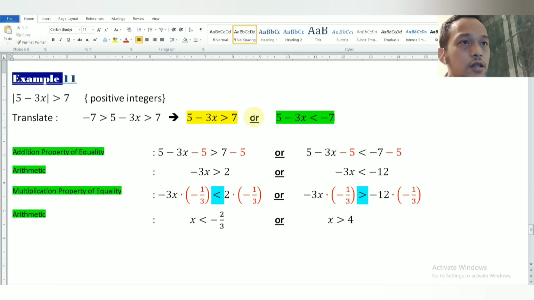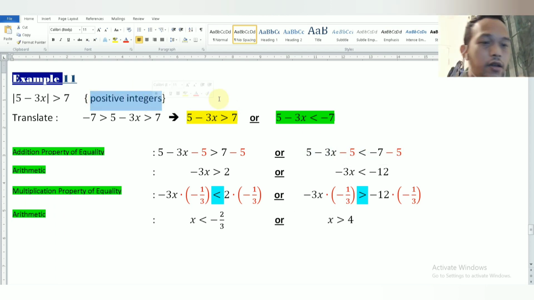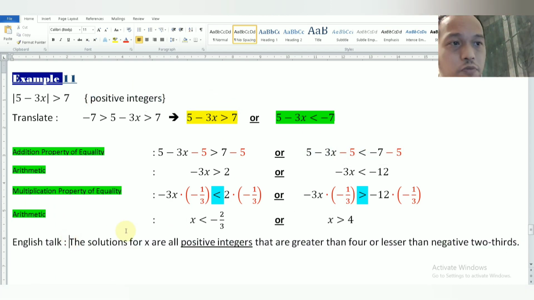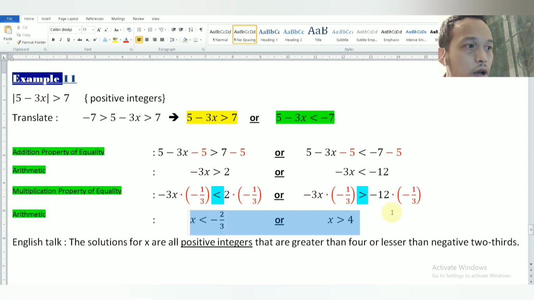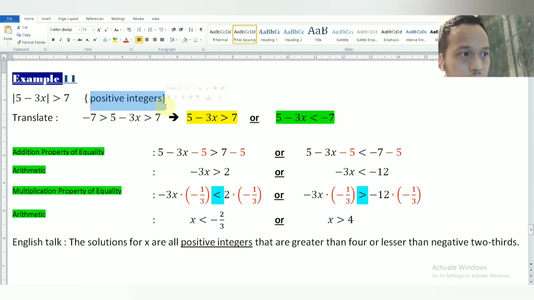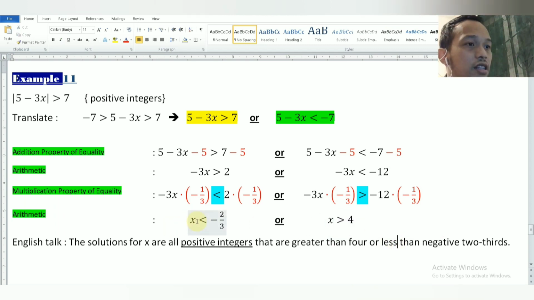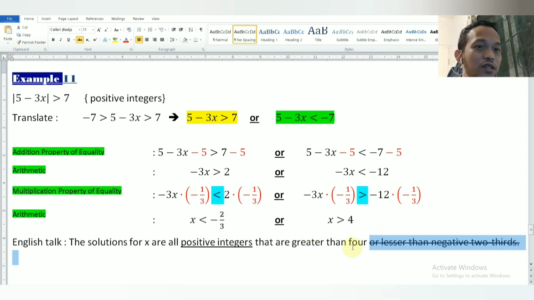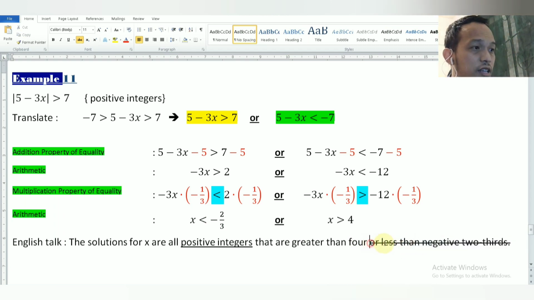When we combine with the domain, the solutions for x are all positive integers that are greater than 4 or less than negative 2/3. Actually, you can tell it doesn't make sense for the second statement, less than negative 2/3.